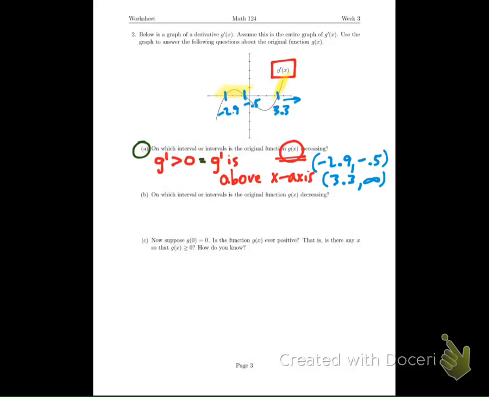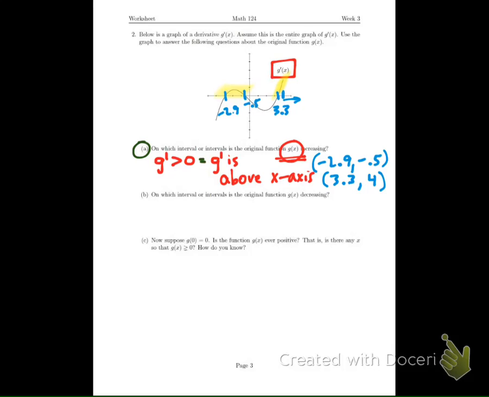Did it say the graph stops? Assume this is the entire graph. Oh, great. So it's not all the way to infinity, it's going to be all the way to 4. So 3.3 to 4. Always have to go back and reread things, because you might miss something like I just did. But I caught it, so that's good.